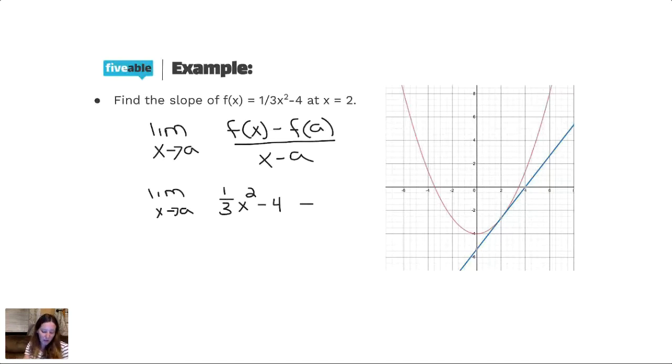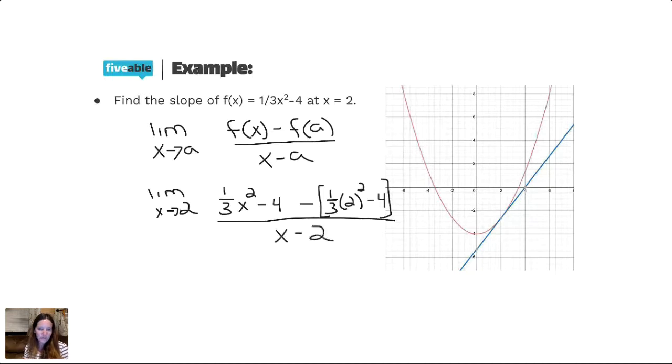So I've got to go back and fix that, because x is not approaching a, x is approaching 2, because that's the value that we want there. So as x approaches 2, of 1/3 x squared minus 4, now minus whatever f of 2 is. So we can go ahead and plug in 2 to our function. You can probably also look at the graph if you can see it well, but we can do it the algebraic way here. And then on the bottom, we have x minus, and our a is 2.